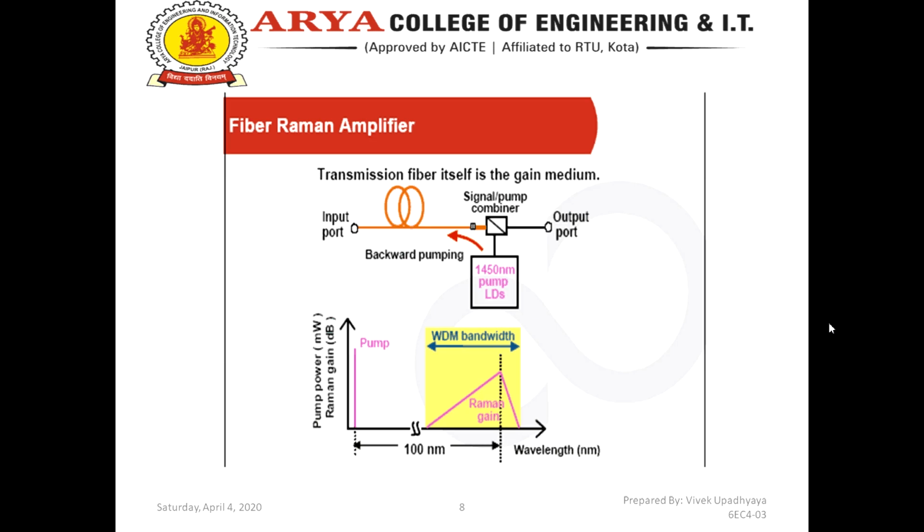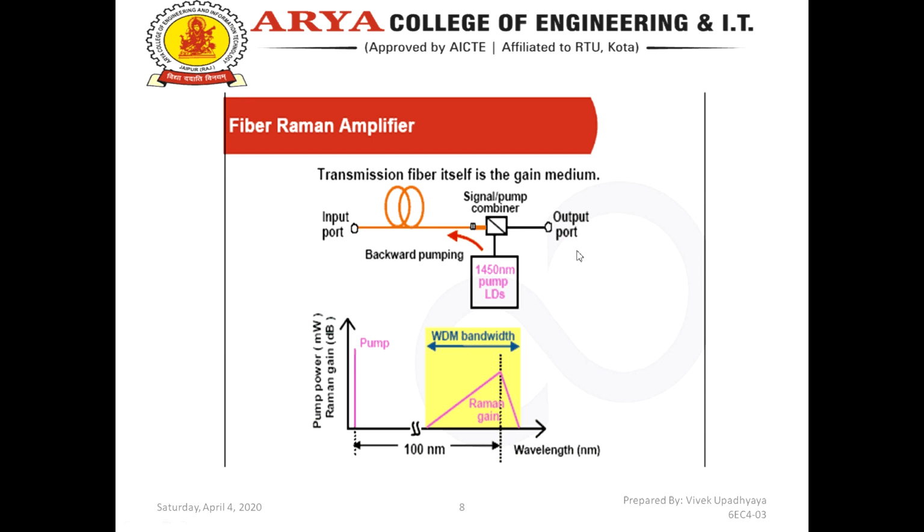Now this is a fiber Raman amplifier. It is also a diagram with an input port and an optical fiber. And here is the backward pumping, where some energy is on the backward side. Then this is a signal or pump, a combiner, and the output port.